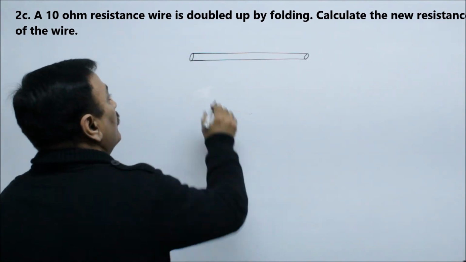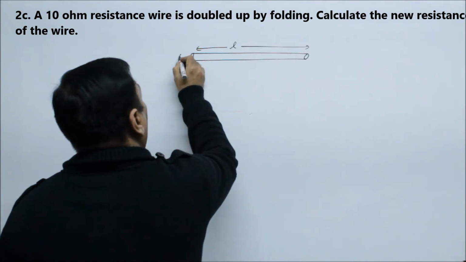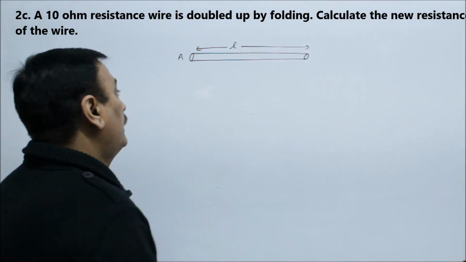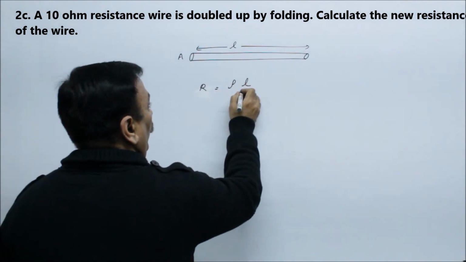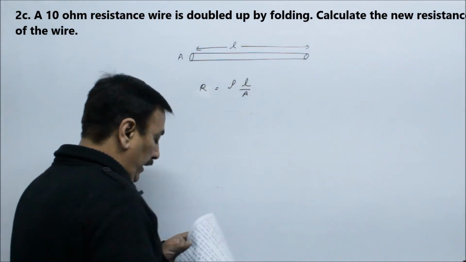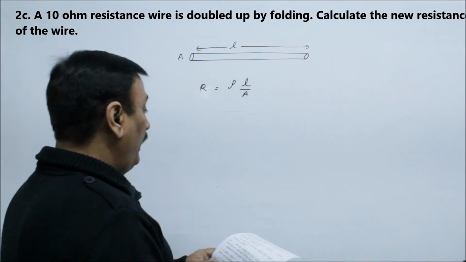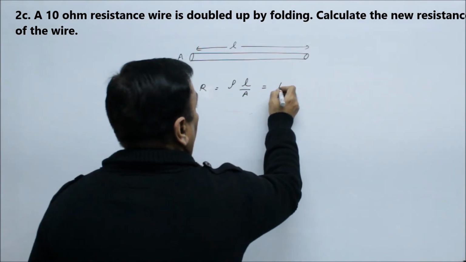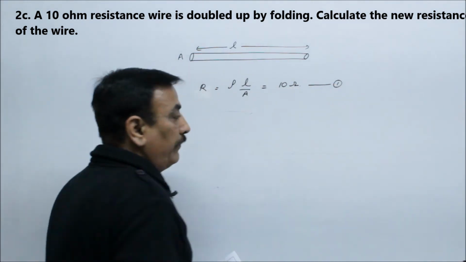Is it okay? So its length is L, its area of cross section is A. So its resistance will be given by rho L over A, and its resistance they are saying is how much? It is 10 ohms. So we write 10 ohms here and call it the first equation.